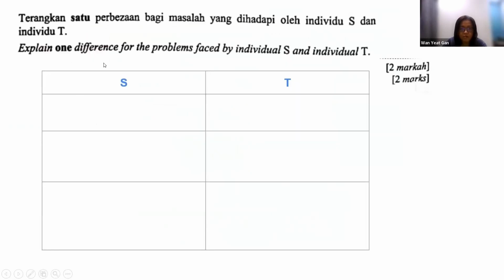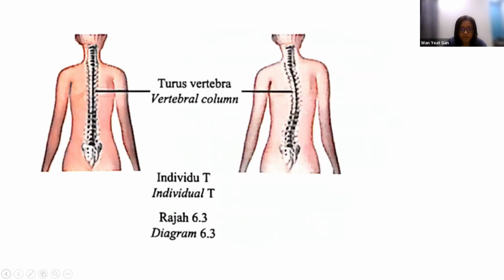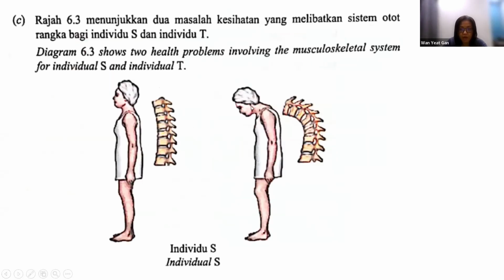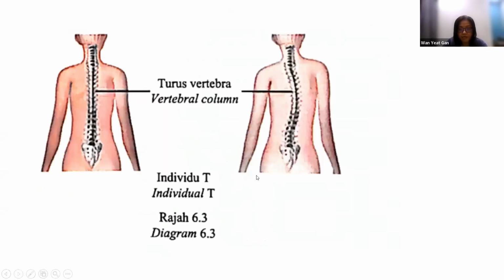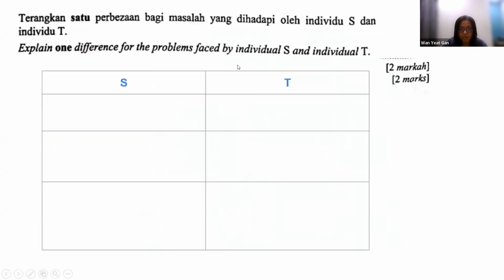Here, explain one difference for the problem faced by individual S and T. S has a bend in front, and the other one has a vertebral column that is not straightened. So what's the different problem faced by individual S and T?